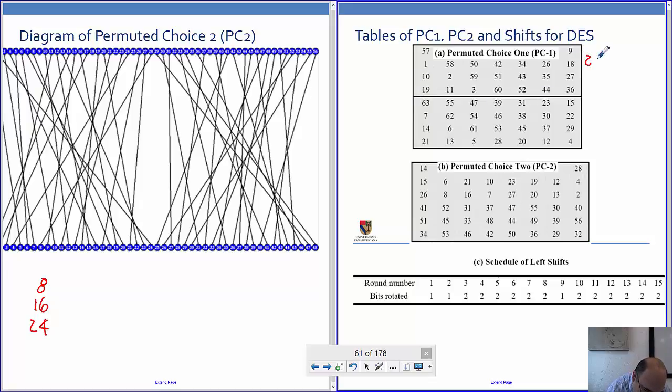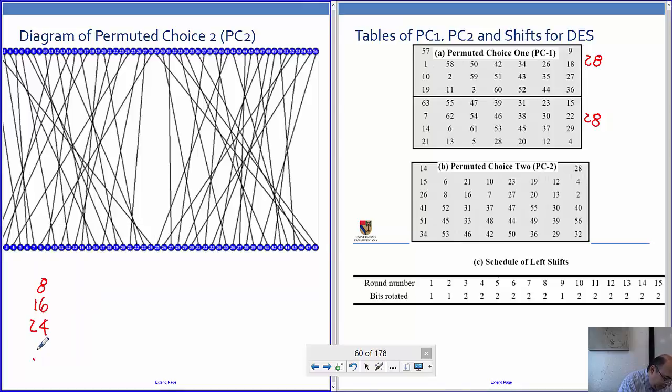If you count them, there are 28 here and 28 here, because we removed all the multiples of 8. Those are the parity bits.